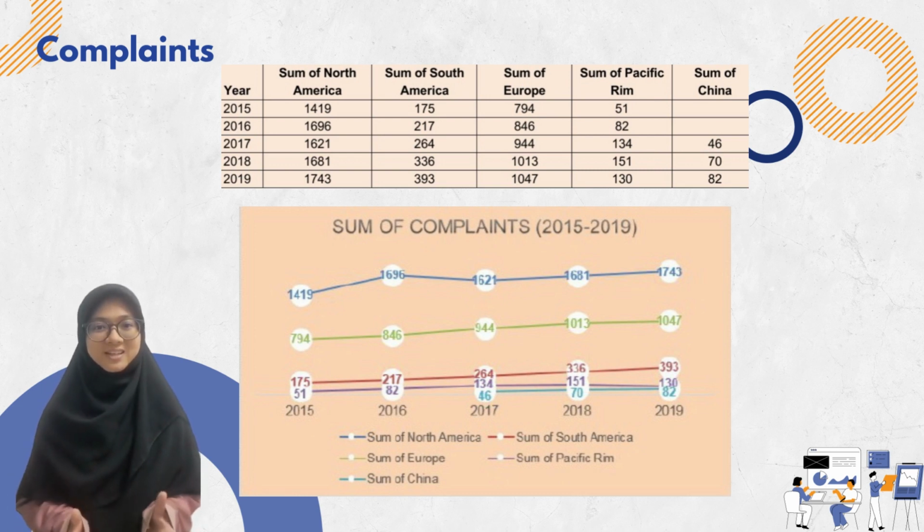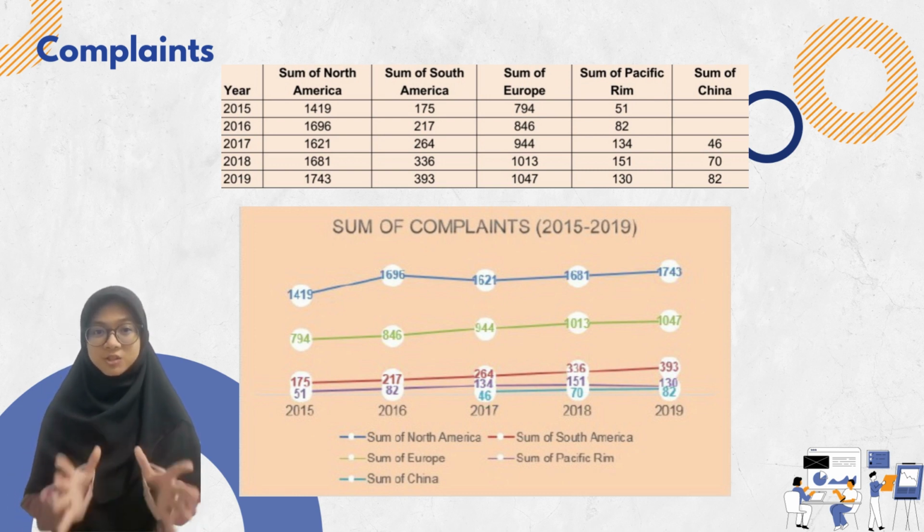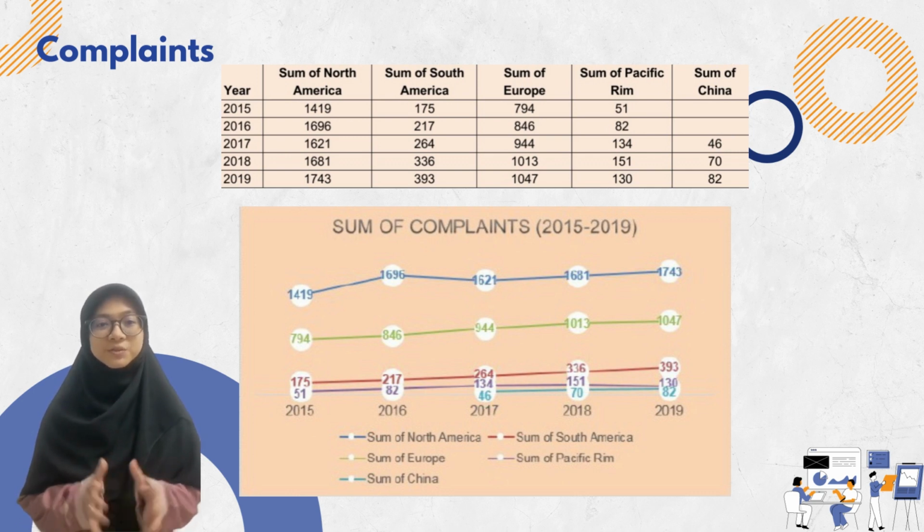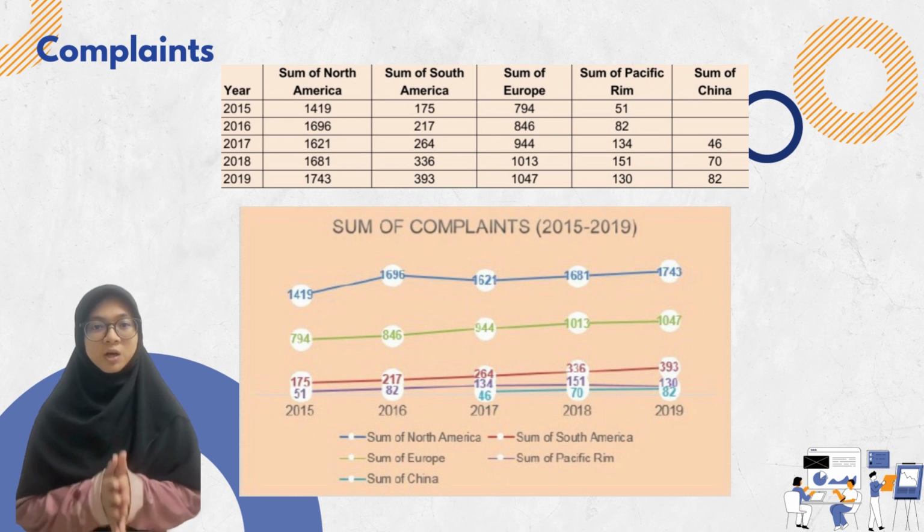Based on the line chart, we can see that North America had the highest complaints in the year 2019, which are 1,743 complaints, because North America has more end users of loan equipment.